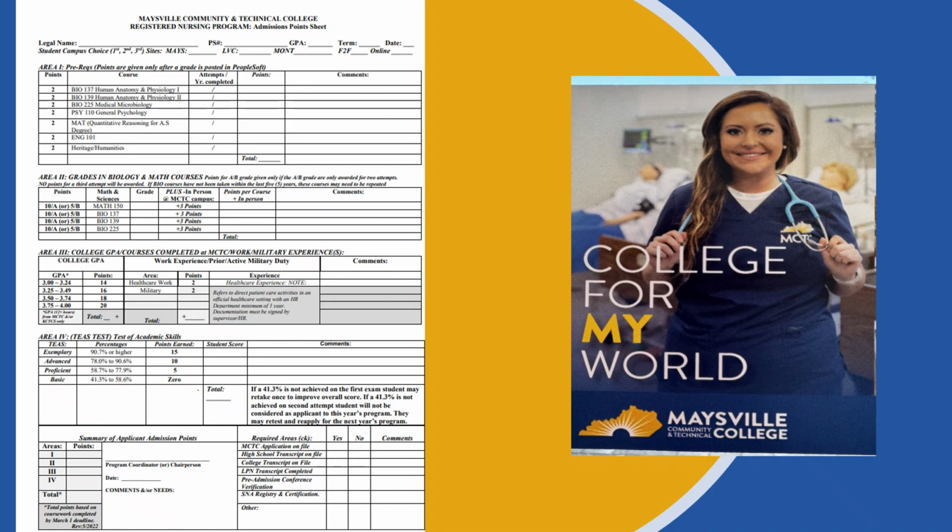And then again, at the bottom is a summary of the application admission points. So each area we put how many points you received, and then we total it up. So if you have any questions, you can give someone in the department, one of the nursing faculty, or myself a call, or one of the healthcare or health sciences success coaches can answer these questions as well.